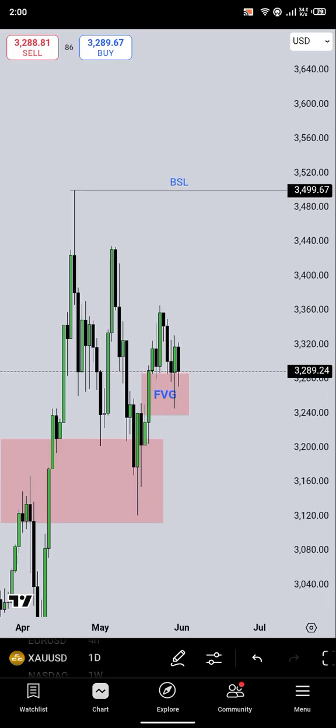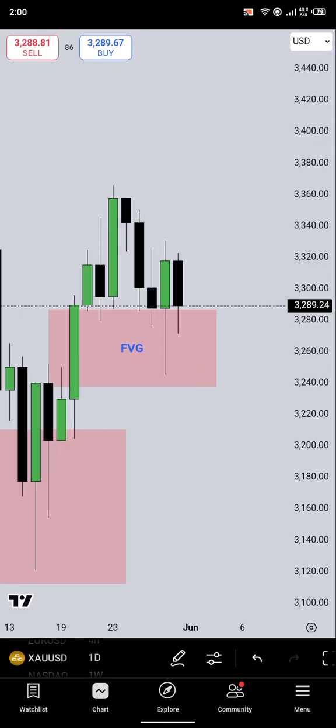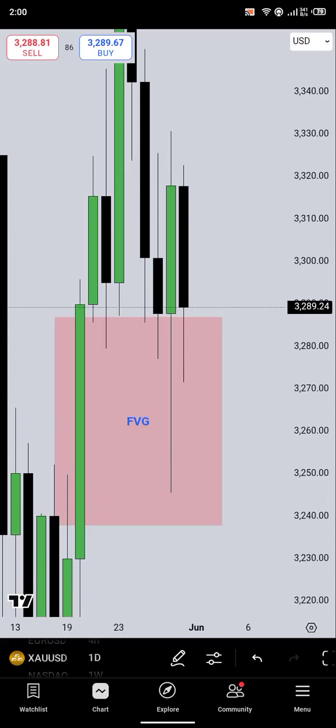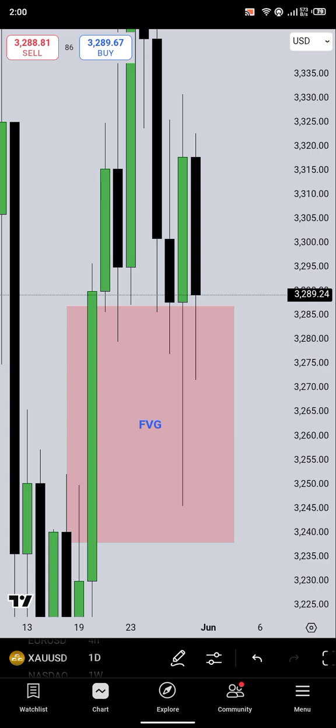And notice one thing, that this our FVG, the candles, all the candles, none of them close inside. I don't know if you understand. Like, I'm noticing that none of them close inside.